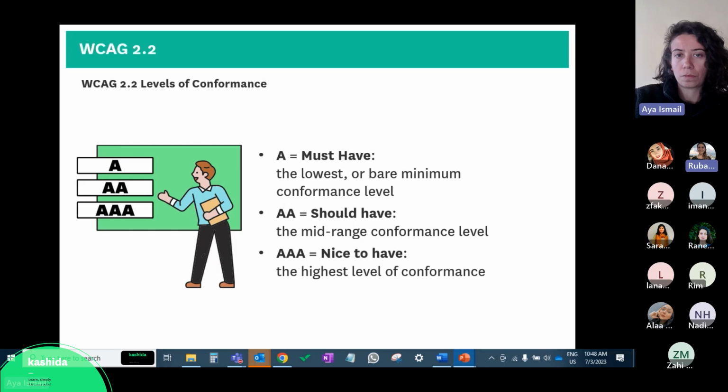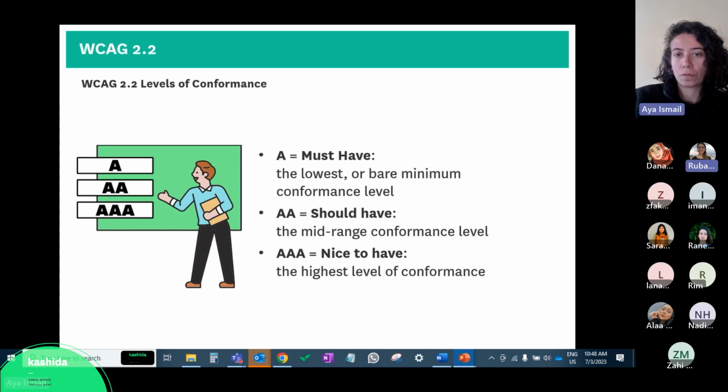Then we can assume that getting the level AA allows us to have certain interactions, whereas meeting the standard that is required for AAA would mean that we probably cannot even have any interactive elements, except for very single direction buttons. So it's next or open this.